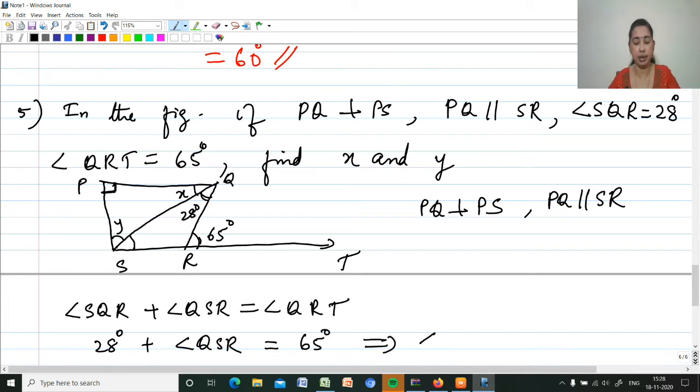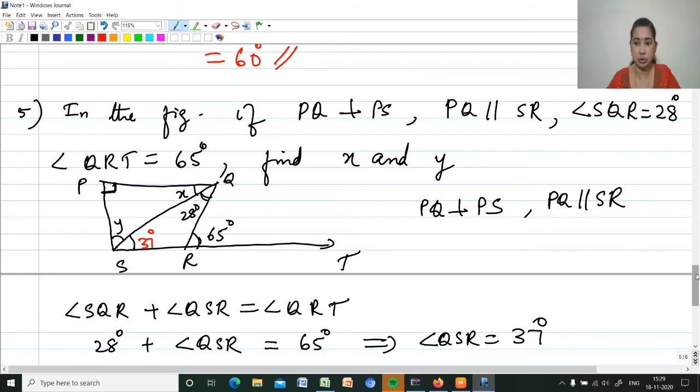From here, angle QSR is equal to 37 degrees. So this angle QSR is 37 degrees. Then now we have to find the remaining X and Y. X is also 37 degrees because of alternate angles.